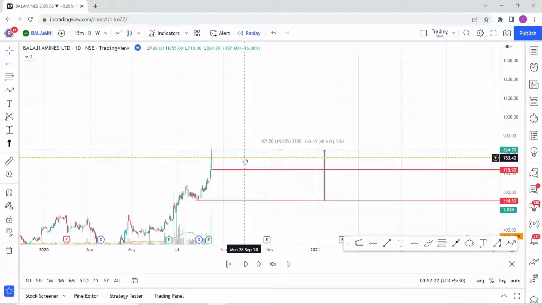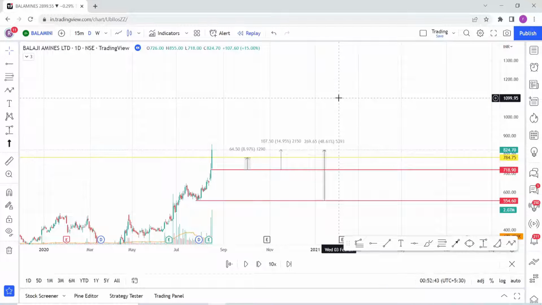As I said, if you add 50% at breakout, the remaining 50% can be added when it reaches the breakout zone. If it reaches the breakout zone, let's see the risk we are going to take. This is our stop loss, and here our risk would be 9%. That would be ideal. Anything lesser than 10% would be ideal, or we have to do proper position sizing depending on our risk.